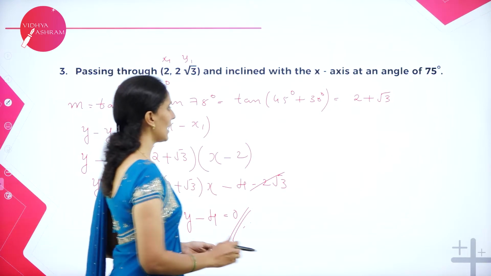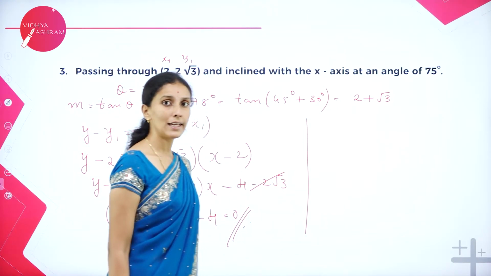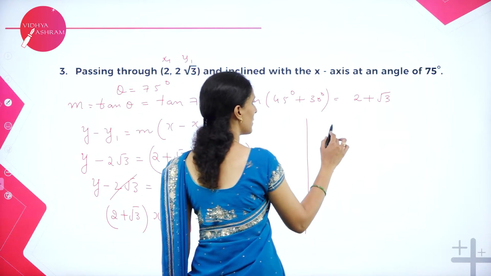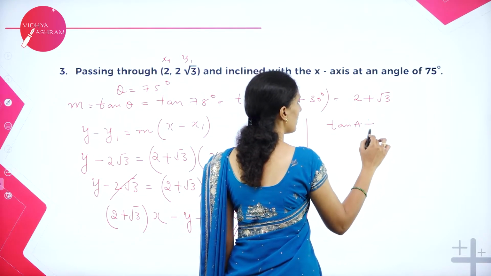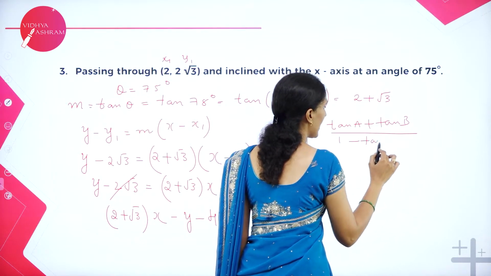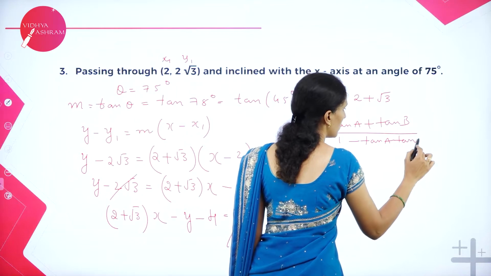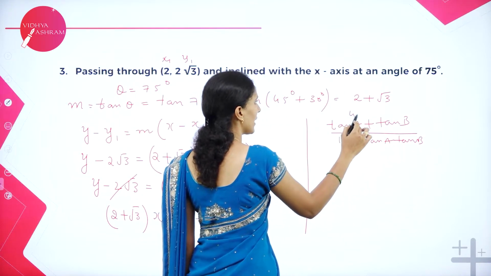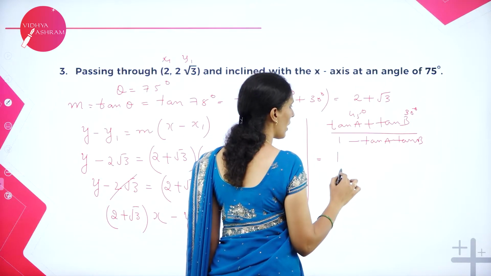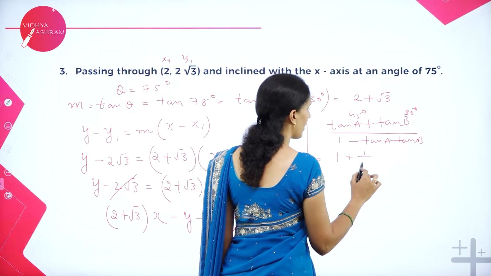Now how to calculate this? If you don't know how to calculate this, use the formula of tan (A plus B). What is tan (A plus B)? Tan A plus tan B divided by 1 minus tan A tan B. So here A value you can take as 45 degree, B value as 30 degree. So tan 45 is 1, tan 30 degree is 1 by root 3.